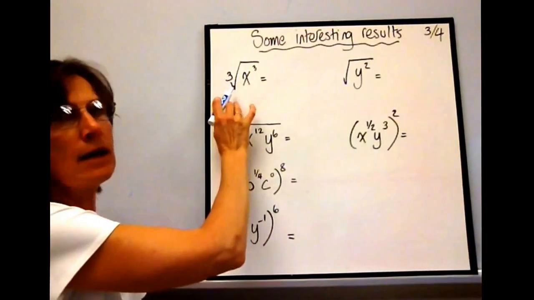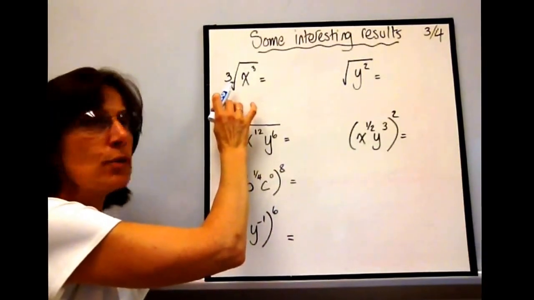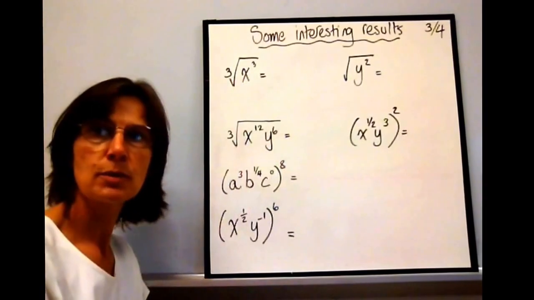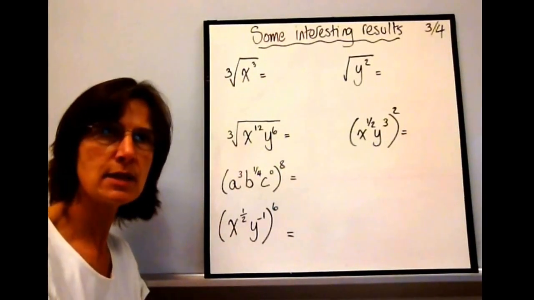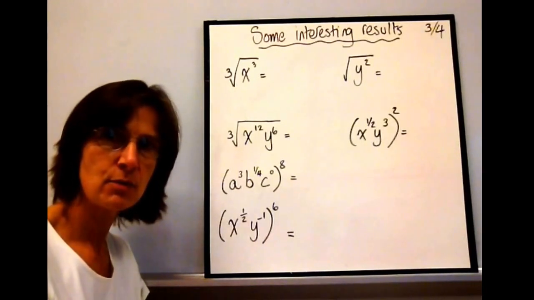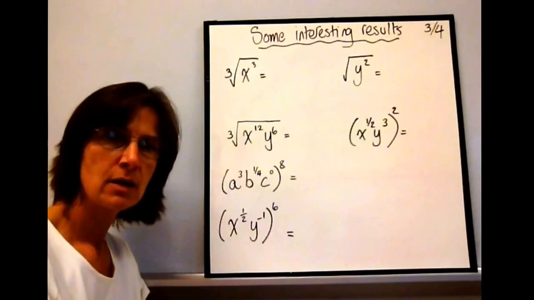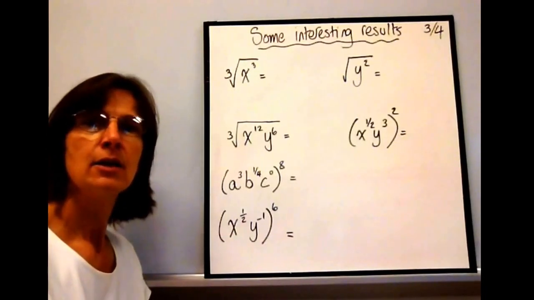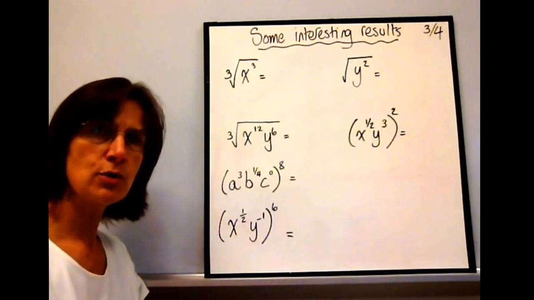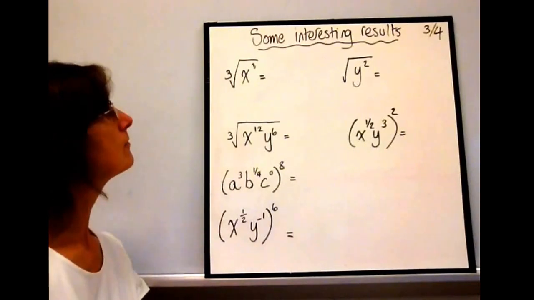Because if I ask you what is the cube root of x cubed? What times itself 3 times will give us x cubed? Some of you in your head are saying, well, that's got to be x, isn't it? You're right, and I want to prove it using the definitions we just had.